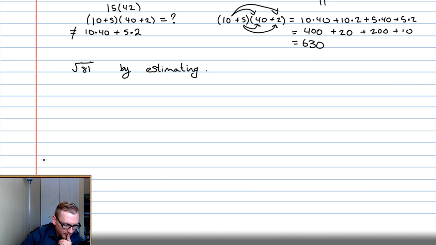if we said that the square root of 81 is equal to some number times itself. Or, how would I put this? 81 is equal to some number times itself.